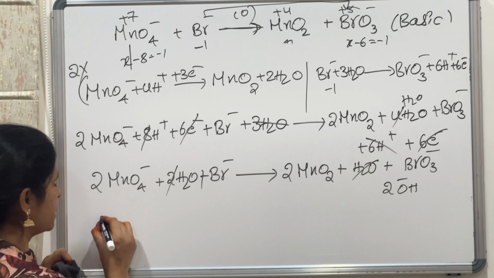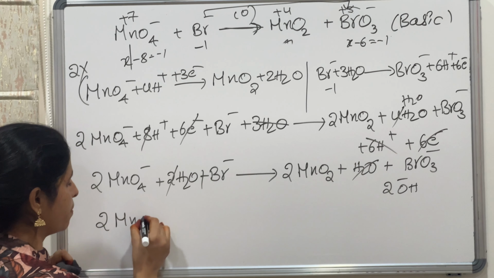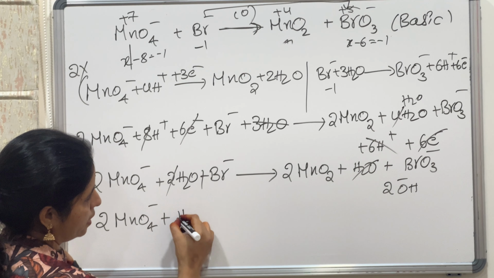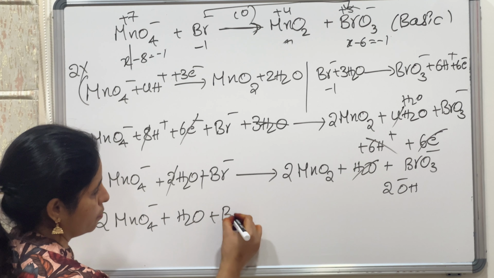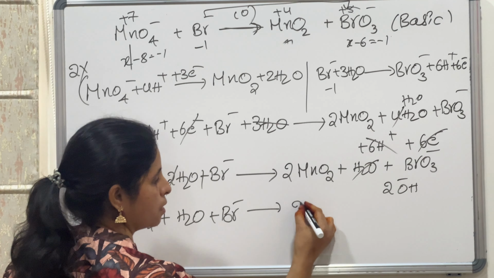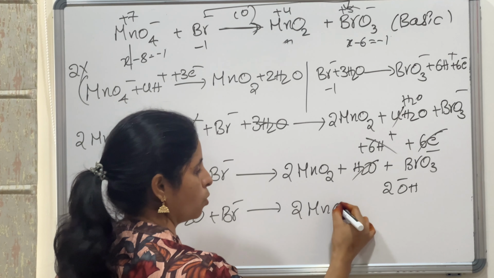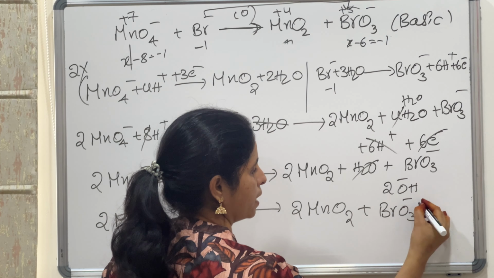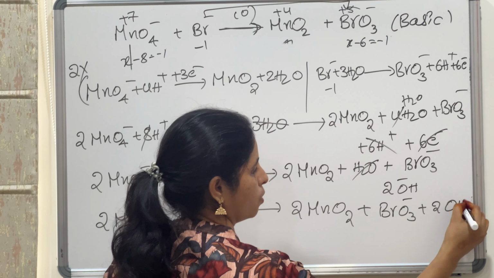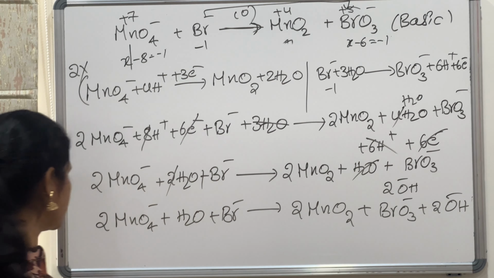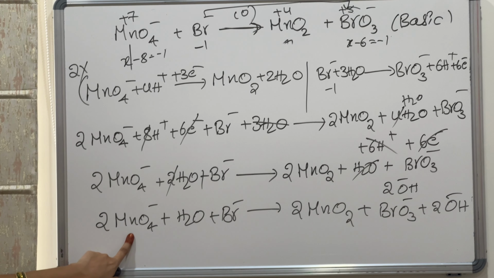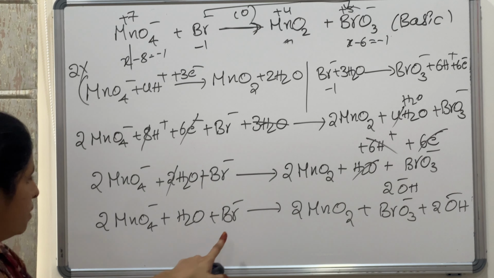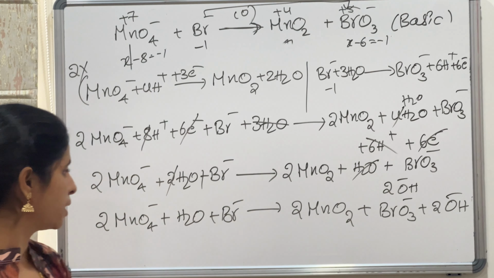So what is your resultant equation? It is 2MnO4 minus plus 1H2O you will be left with, plus Br minus gives 2MnO2 plus BrO3 minus plus 2OH minus. Check whether it is balanced or not. 2Mn, 2Mn. Br, 1 Br, 1 Br. Okay.